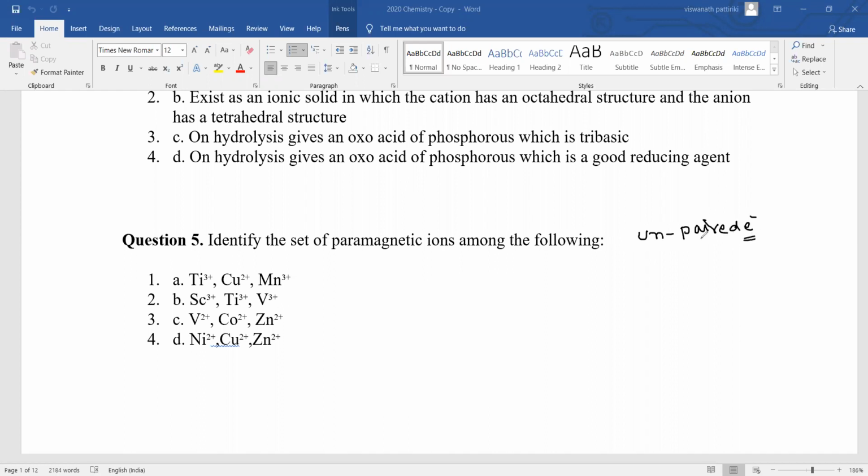Let's take titanium. What is the electronic configuration of titanium? Titanium is 3d2 4s2, right? And copper is 3d10 4s1.